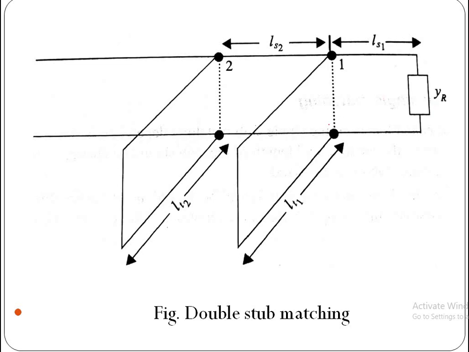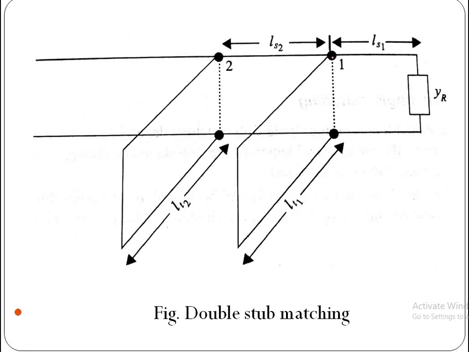Now we are connecting two stubs. This is stub 1, this is stub 2. These two are connected in parallel at points 1 and 2 with the main transmission line. Location of first stub LS1, location of second stub LS2. This is double stub matching.